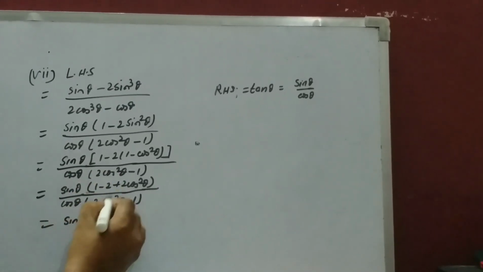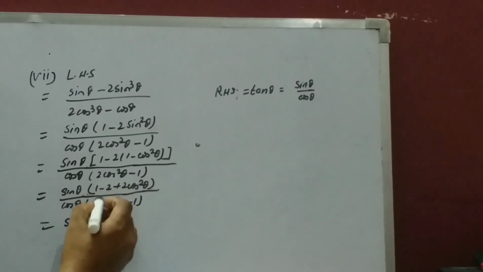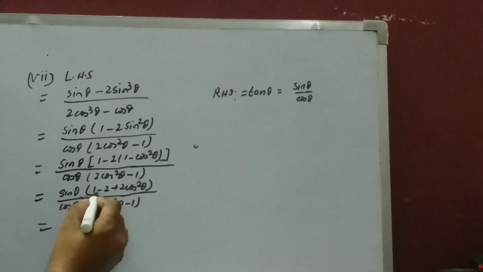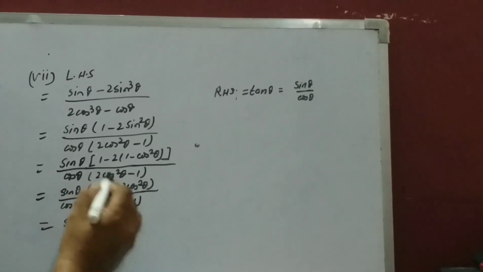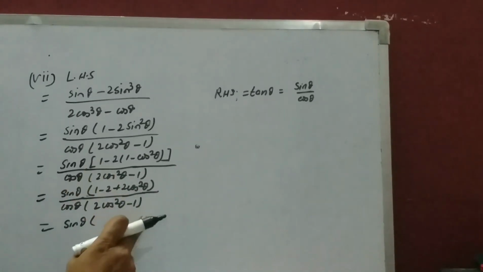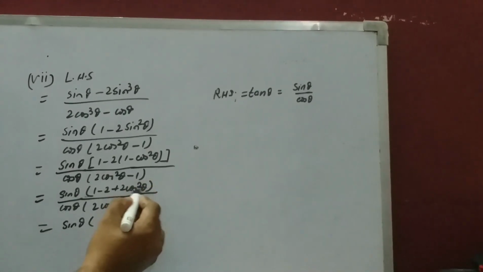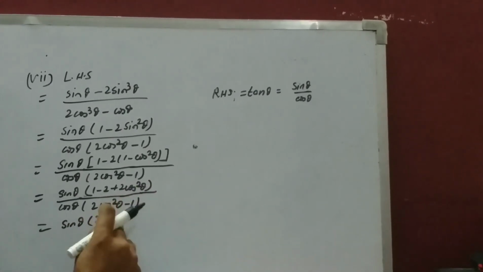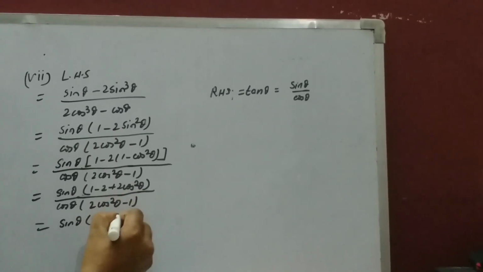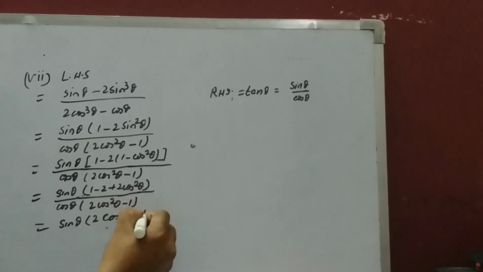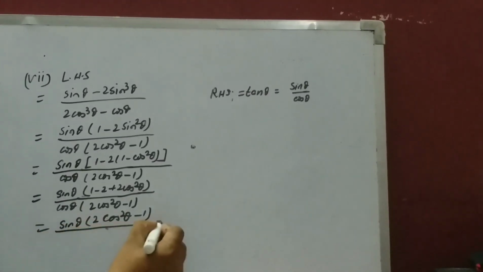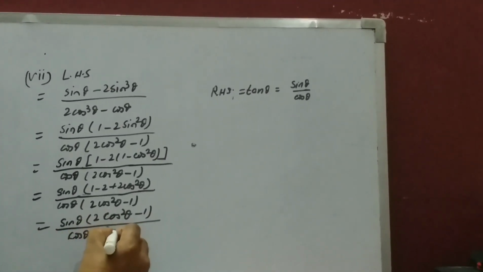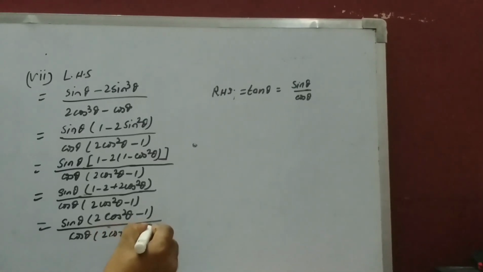Sine theta, and these are the like terms. So you will simplify it. So you are getting minus 1 here. And in mathematics, the positive terms should be written first, and this is the positive term. So write here 2 cos square theta, and this is minus 1. Cos theta times 2 cos square theta minus 1.